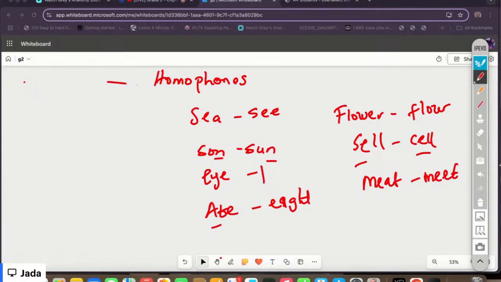Okay, so all these are lists of homophones. We have a whole lot of homophones. All right, but let's do a few examples before we move on to A plus.